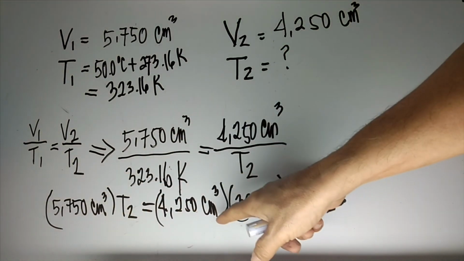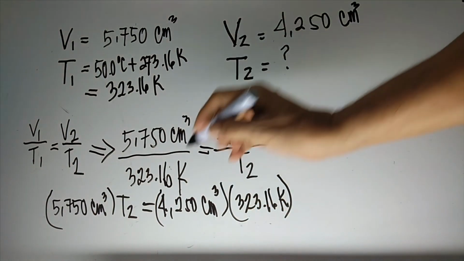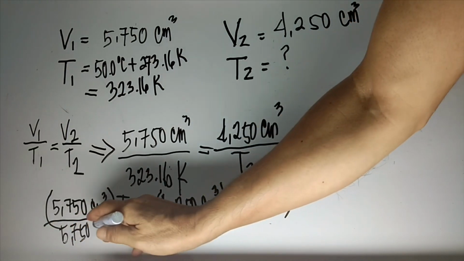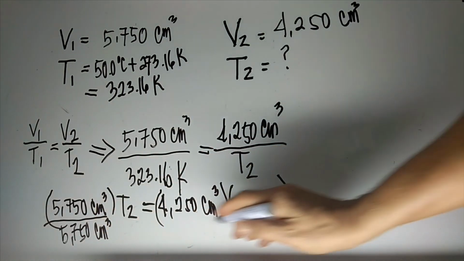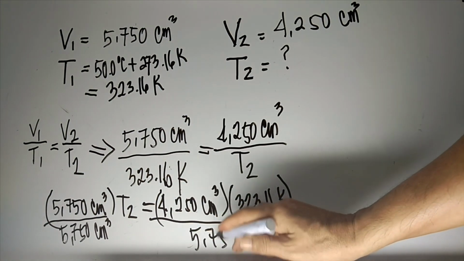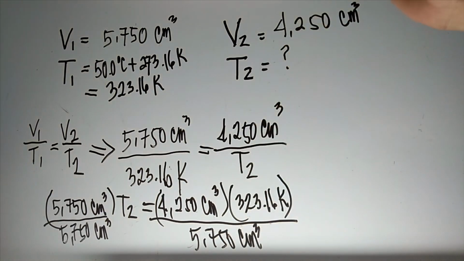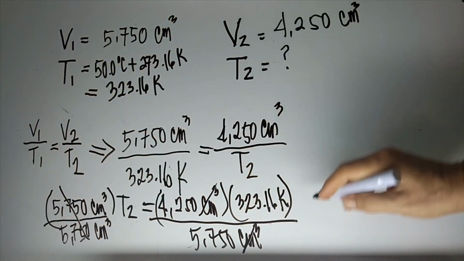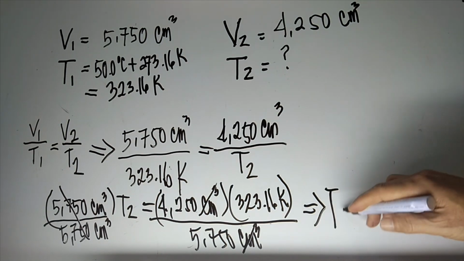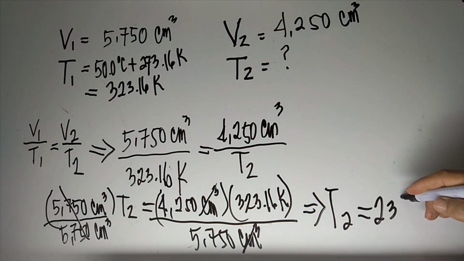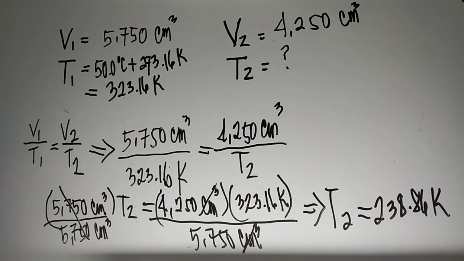Transposing this to the other side of the equation symbol, this will become over 5,750 cubic centimeter. Do the same here, over 5,750 cubic centimeter. This unit will be cancelled. This will become 1. So therefore, T2 will be equal to 238.86 Kelvin.